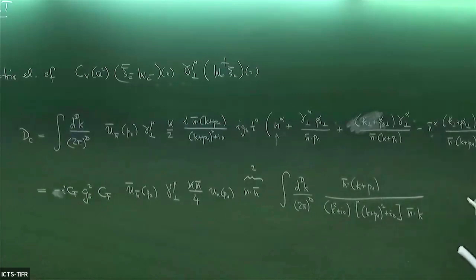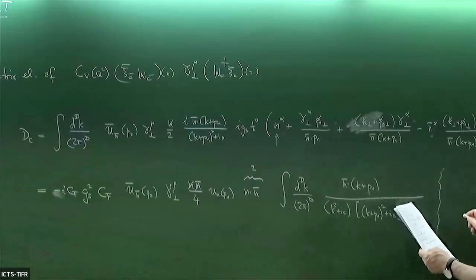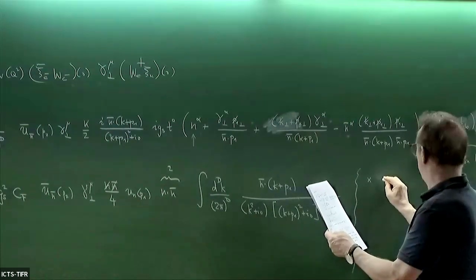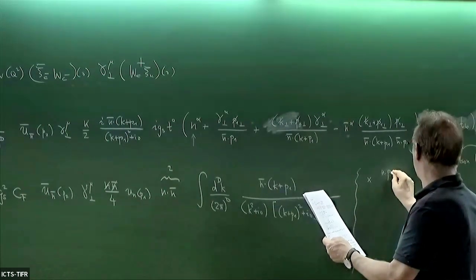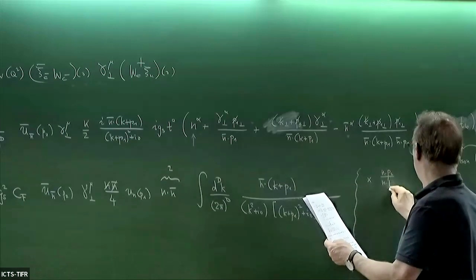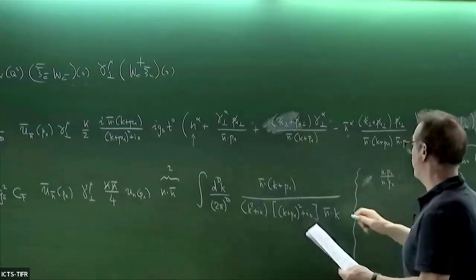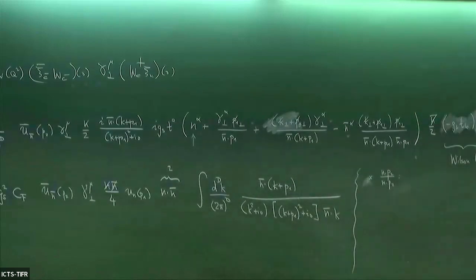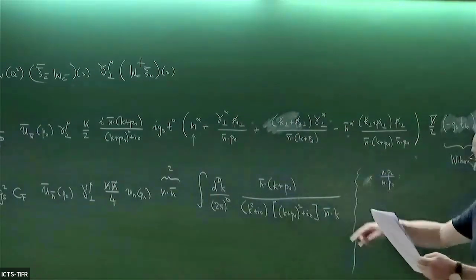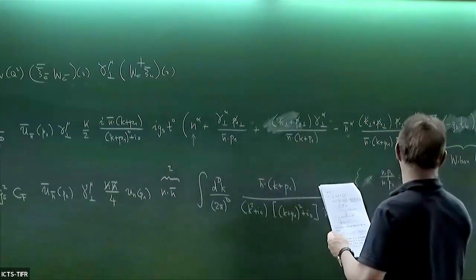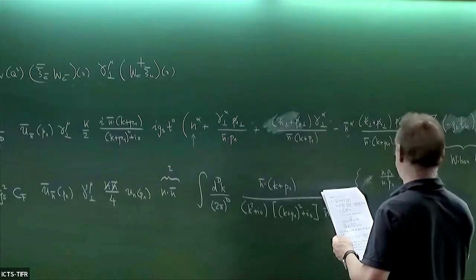So this is the example, this is the result one gets. If we multiply this with n dot p2 over n dot p2, which obviously is 1, upstairs and downstairs, then you can rewrite these two terms with the n.